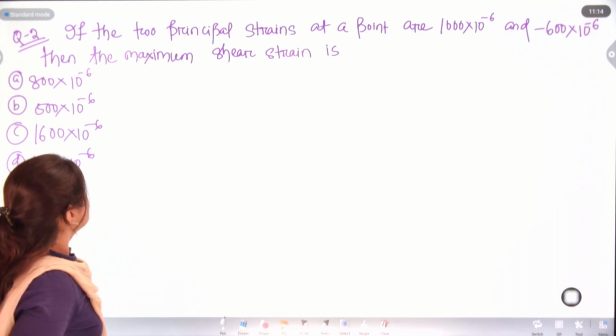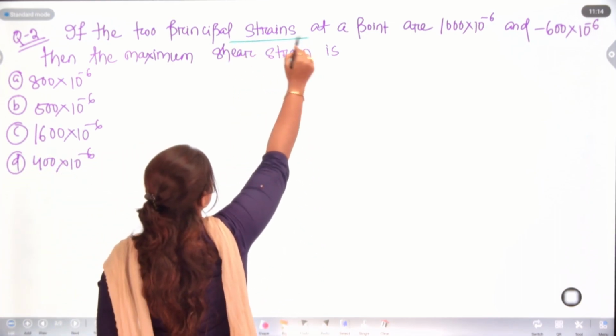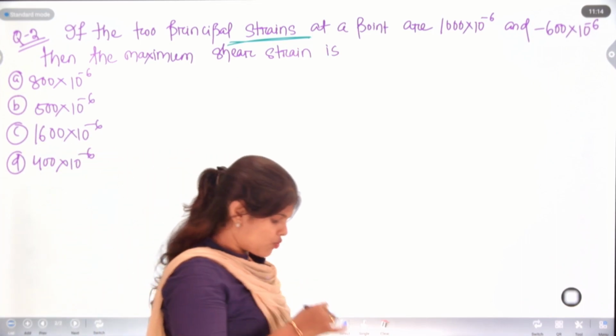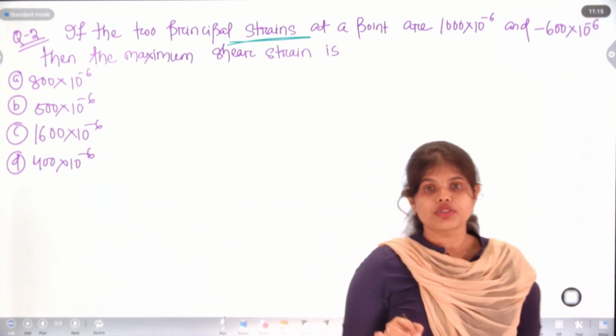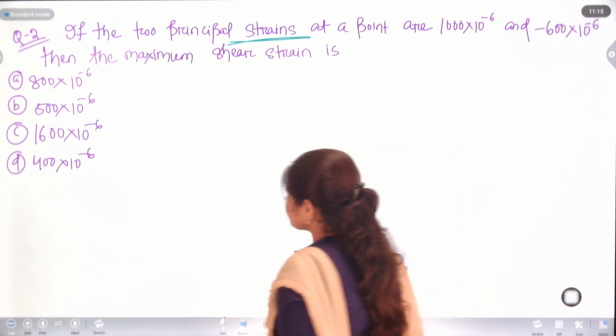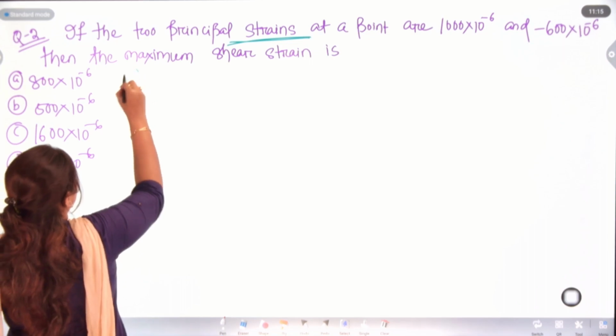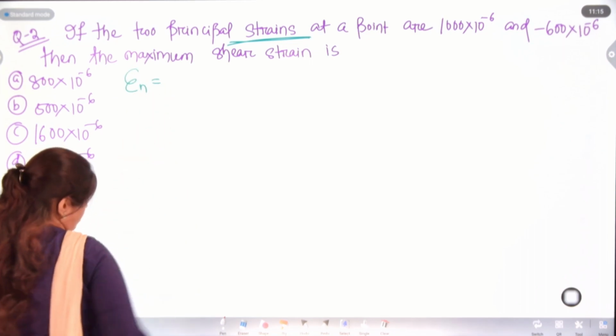You can see we solved questions that asked about stresses, but in this question it asks about strain. So, in case of stress and strain, there is a formula, let's write it.